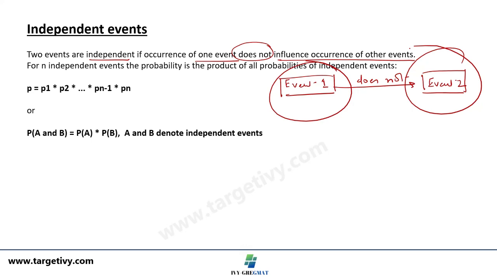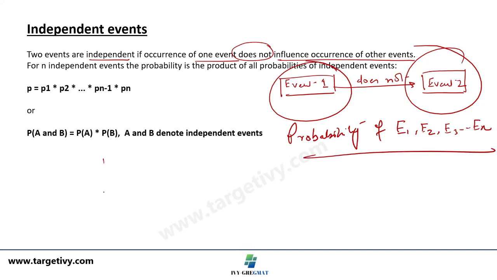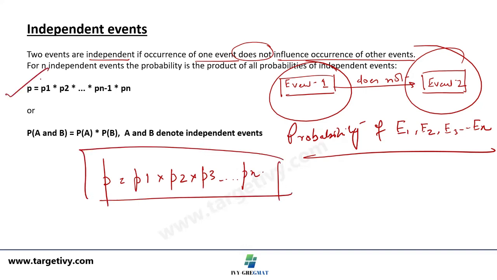Then the probability of, say, event 1, event 2, and event 3 to event n will be P1 multiplied by P2 multiplied by P3 to Pn, as we see here.